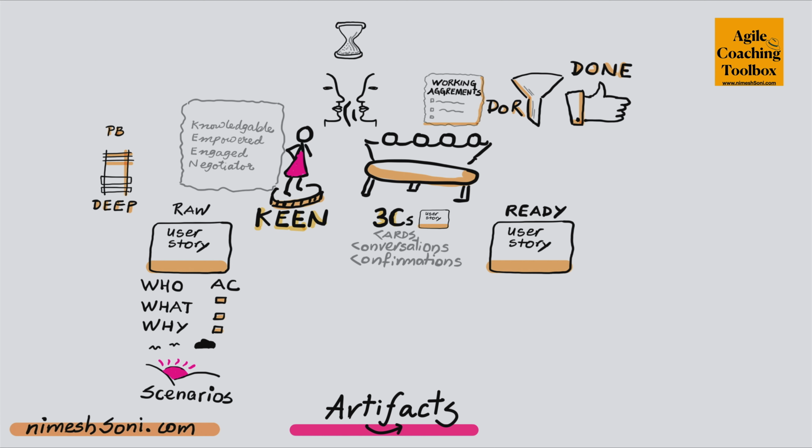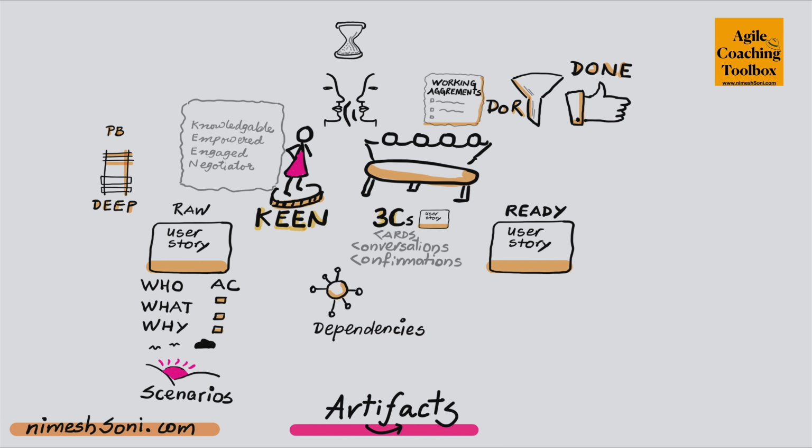So again, at a minimum, I would expect that Ms. Fab, our product owner, is ready with those scenarios. She is able to explain those scenarios to the team to provide this additional context that the team may need to get a better understanding of that feature functionality.